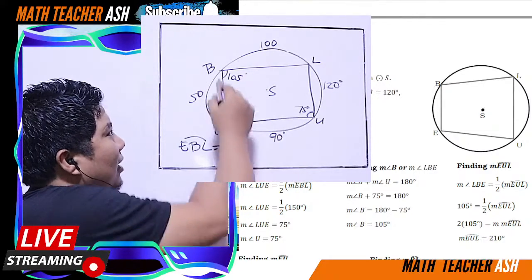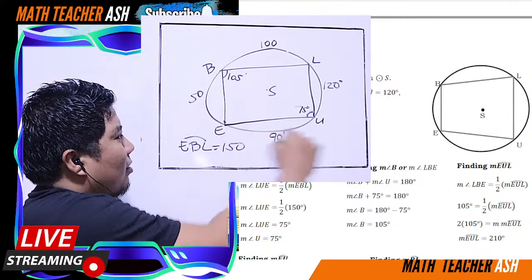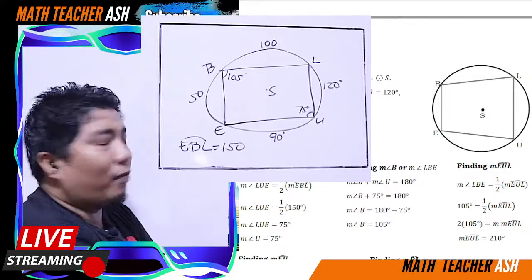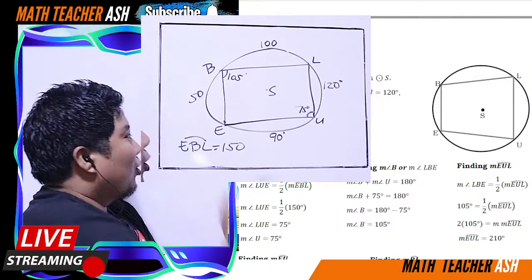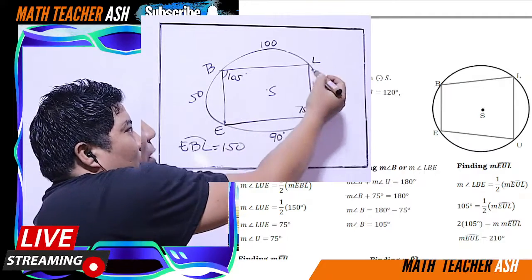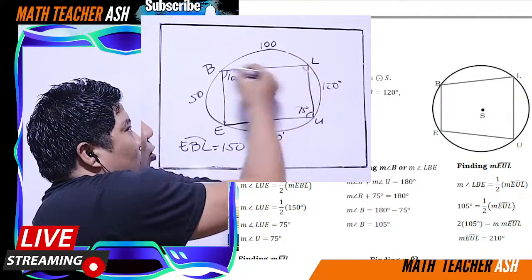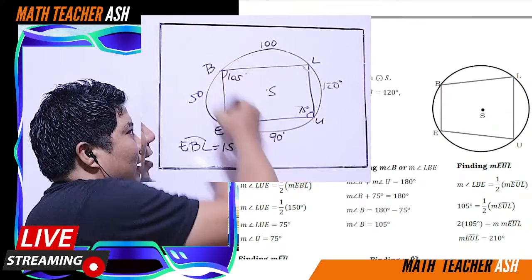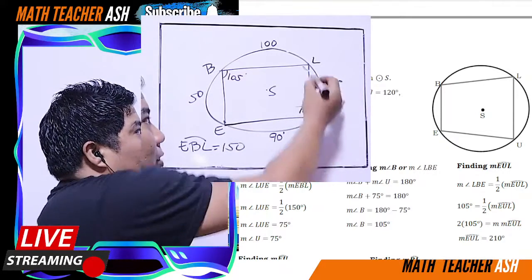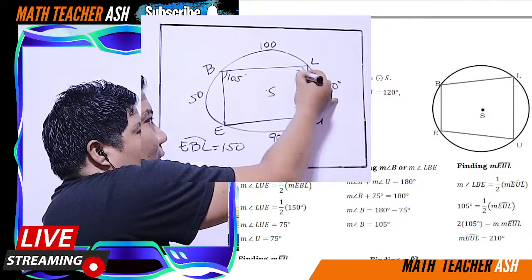Okay. So, ang tanong ngayon, paano mo kukunin ito? Of course, dahil meron kang 50 dito at meron kang 90 dito, so 50 plus 90, that is 140 degrees, right? So, 140 divided by 2, that will be the measurement here. Kasi yun yung kinakain niya, di ba? So, that is 70 degrees.